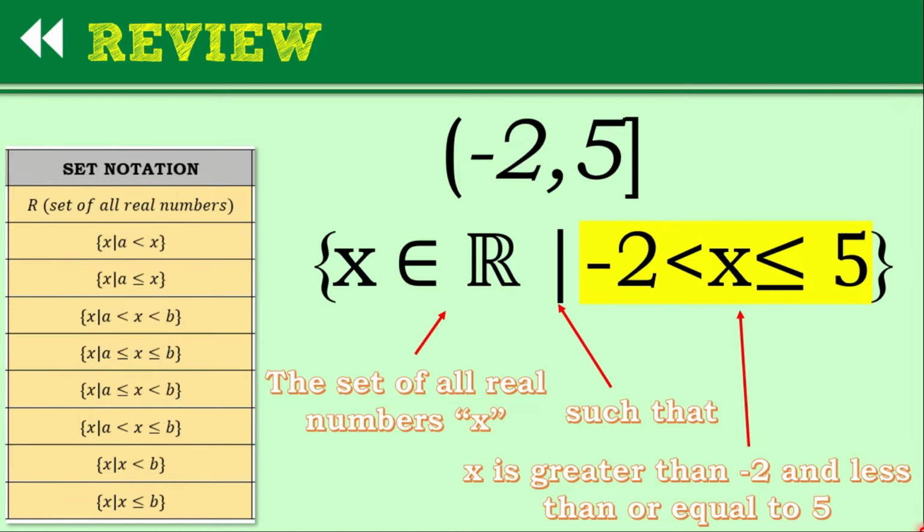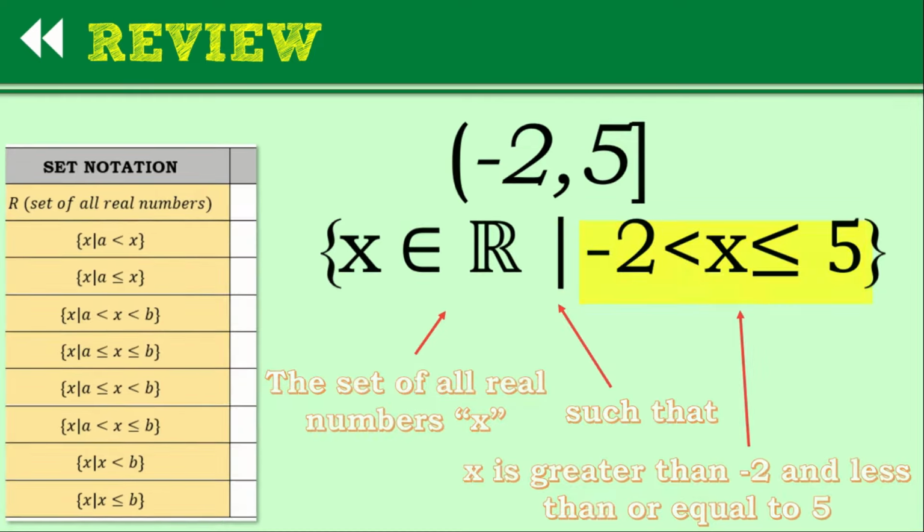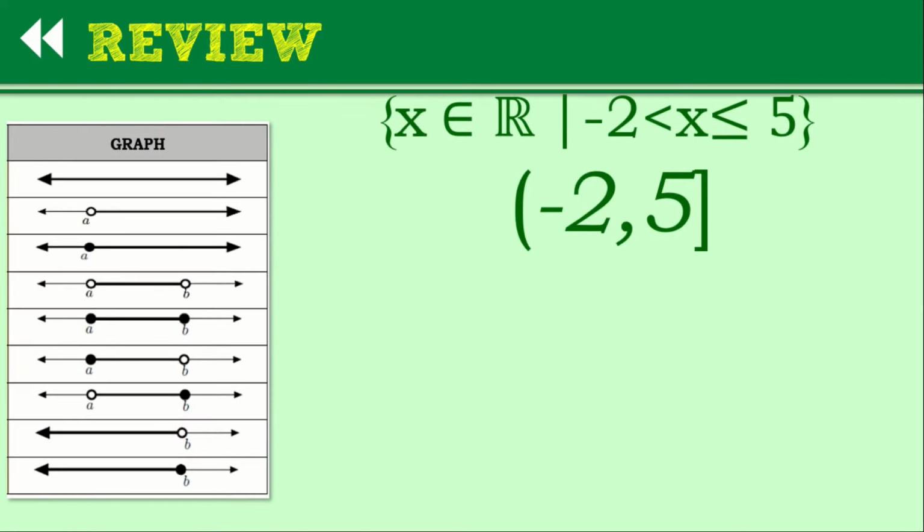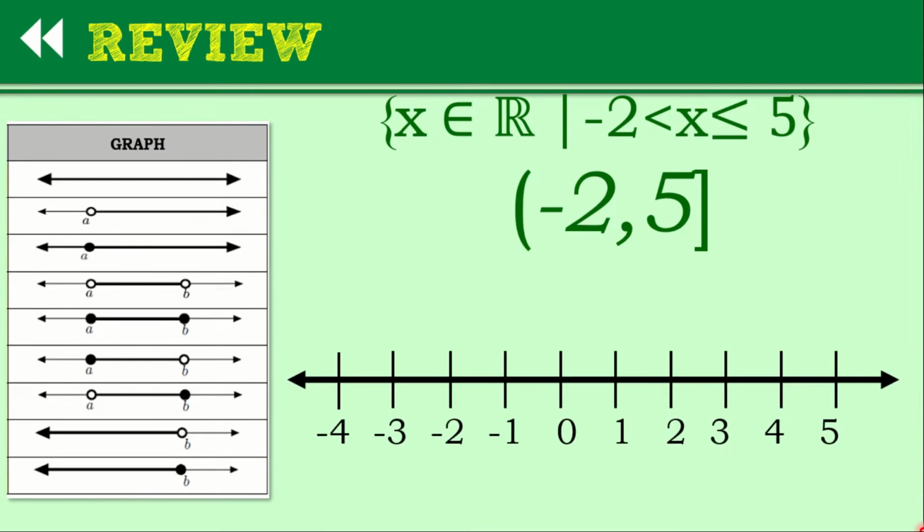How about the graphical form, or the graph? It looks like this. So how about for the interval notation and the set notation earlier? How do we translate that into a graph? Let's draw a number line first, like this. We will locate the points -2 and 5. Let's start with -2.